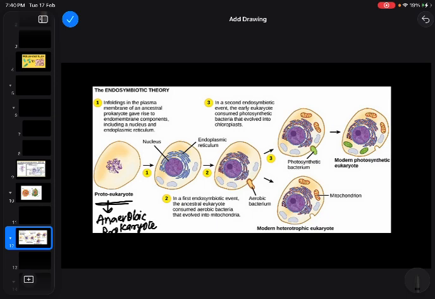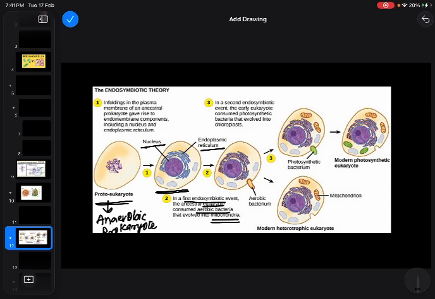So this underwent enfoldings to form the organelles such as nucleus and endoplasmic reticulum. Then the first endosymbiotic event happened in which this eukaryotic parent consumed aerobic bacteria and that evolved into mitochondria.